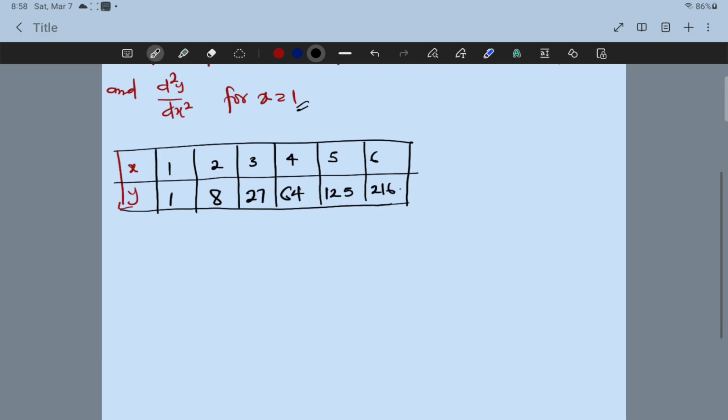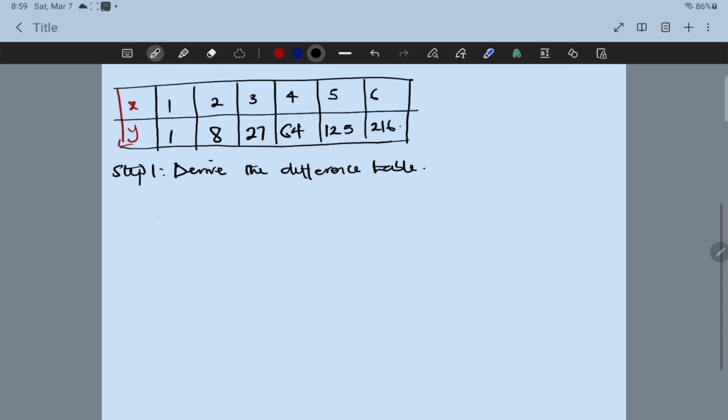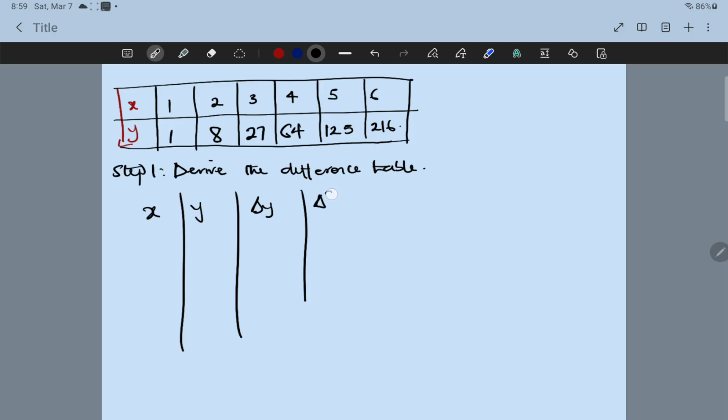So first of all, let's do it in steps. Step 1, we want to derive the difference table. When you derive that, you have x, you have y, you have the change in y, the change squared of y, the change cubed, the fourth difference, the difference to the power of 4 of y.